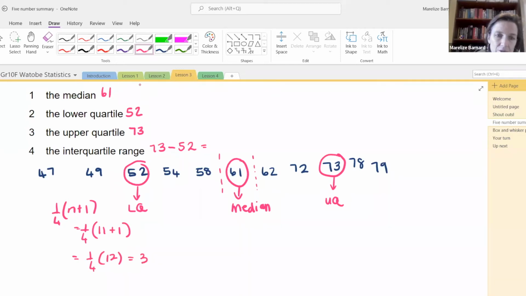And then that's 3. But that 3 is not the lower quartile. That means that's the third data value. Third data value is the value of the lower quartile, which is 52. Do you understand, ma'am? Yes, ma'am, I understand. Okay. Thank you. Okay. Lenako, you also have your hand up?